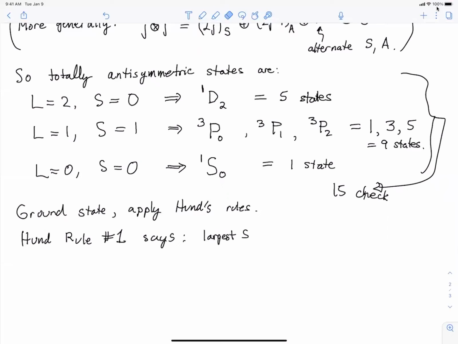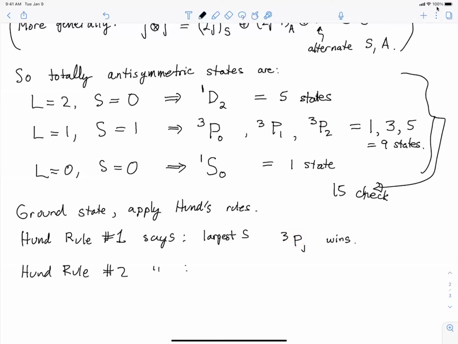And the S is given by the pre-superscript. And so we see that that's going to be the 3 here. It's going to be one of those, or alternatively, we just look at the S, we notice that S equals 1 is the largest we can have. So that says the winner is going to be a 3PJ state. Okay, now we apply Hund's rule number 2. Hund's rule number 2 is telling us that the state with the largest L wins, but these 3PJ's all have the same L because they're all P states.